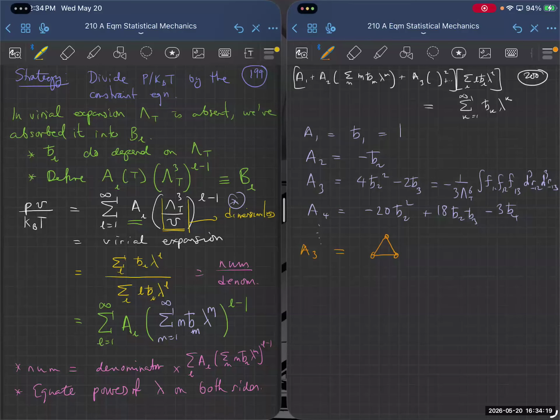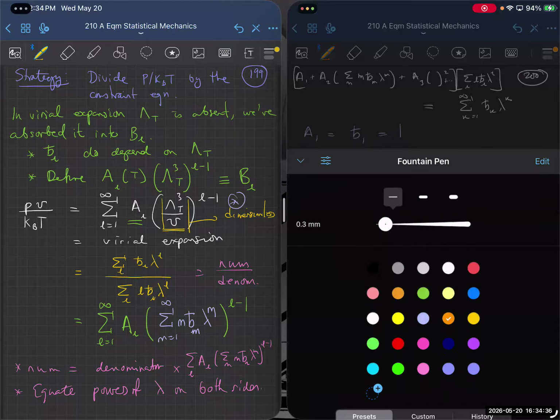And why is it amazing? It's not a sum of a whole bunch of diagrams. This is not an accident.